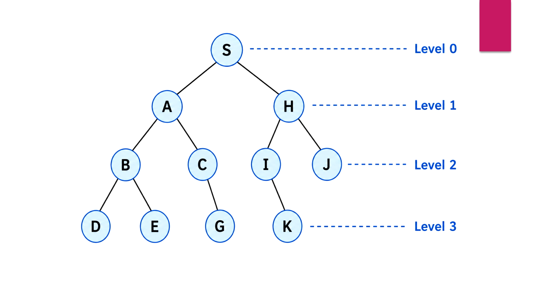Since DFS uses a stack, the last inserted node will be explored first. Suppose C is pushed after B, then C will be explored first. Next, we remove C and visit its children. Continue moving deeper, pushing child nodes onto the stack. Continue this process until no child node is available.